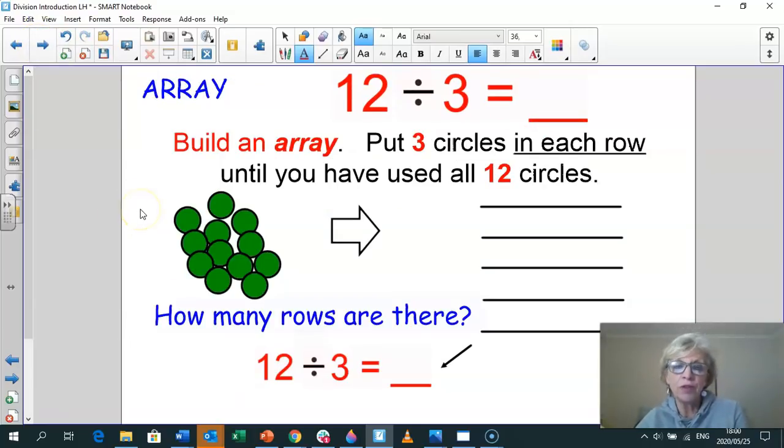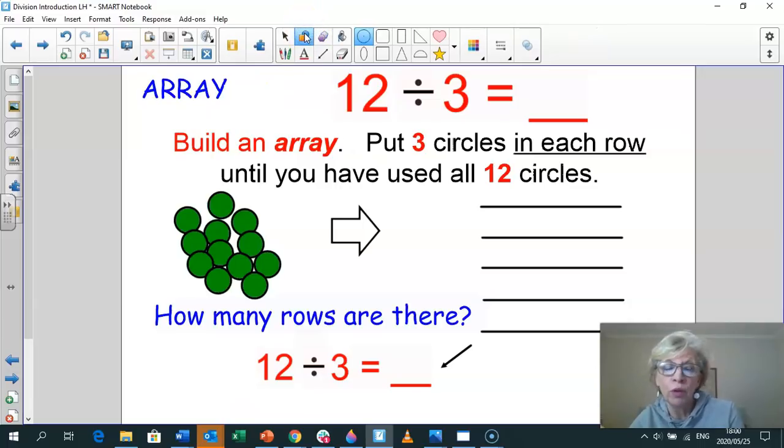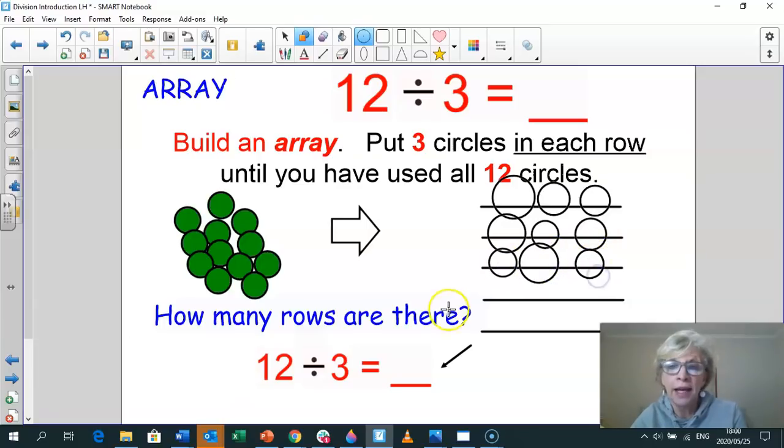Another method we use, grade 3s, is building an array. And remember when we did arrays when we were doing graphs, we used arrays as well. That means we're putting things into rows or building them up into an array. So 12 divided by 3, again, exactly the same example. We're going to put 3 circles in each row until you have used all the circles. So 3 circles, so let's go. 1, 2, 3, 4, 5, 6, 7, 8, 9, and 10, 11, 12.